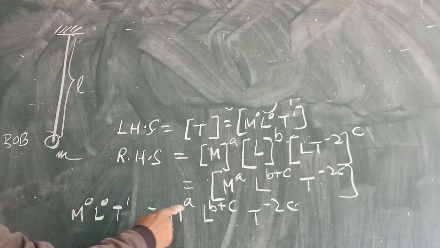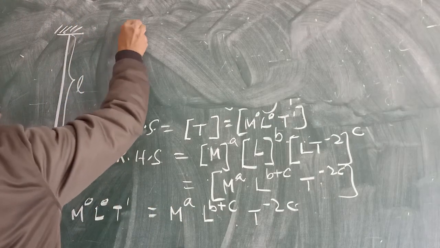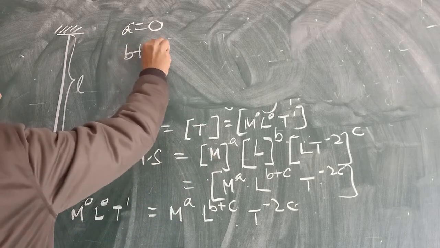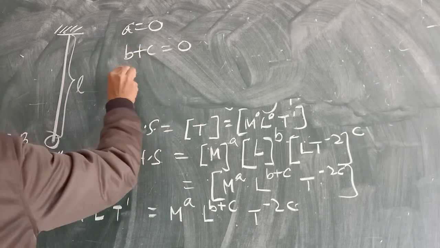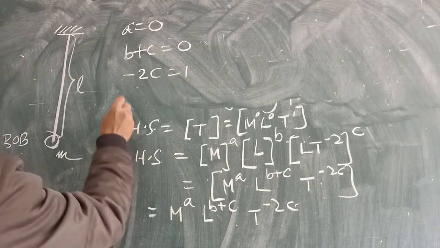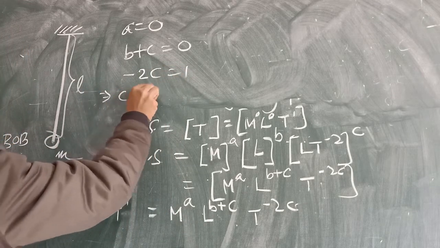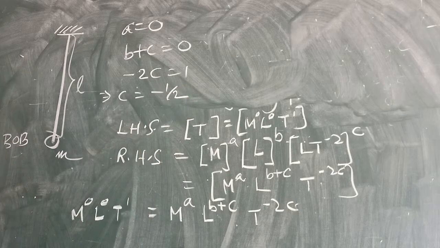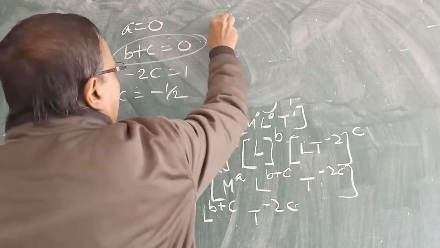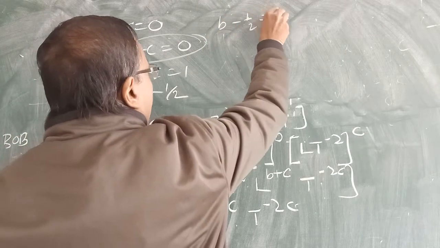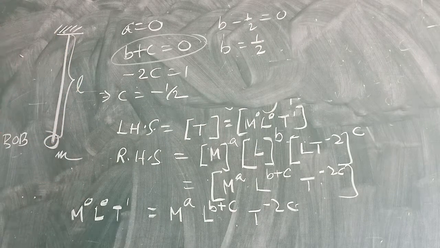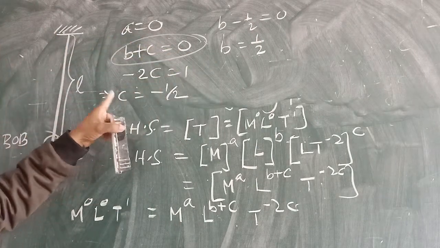You get a is equal to 0, and b plus c is also equal to 0, and minus 2c is equal to 1. That implies that c is equal to minus half. So if c is equal to minus half, then from this equation you get b minus half is equal to 0. Therefore b is equal to half. So you know all the values of a, b and c.